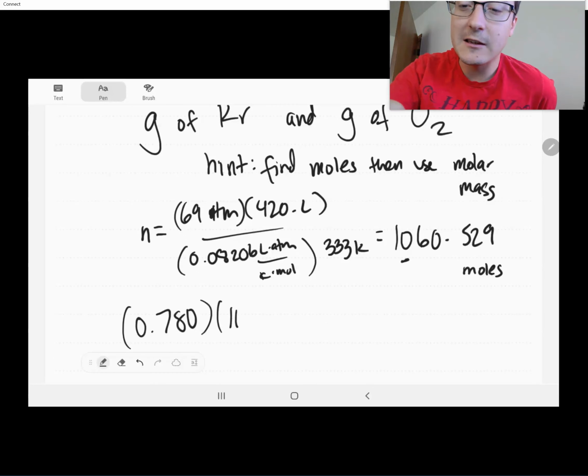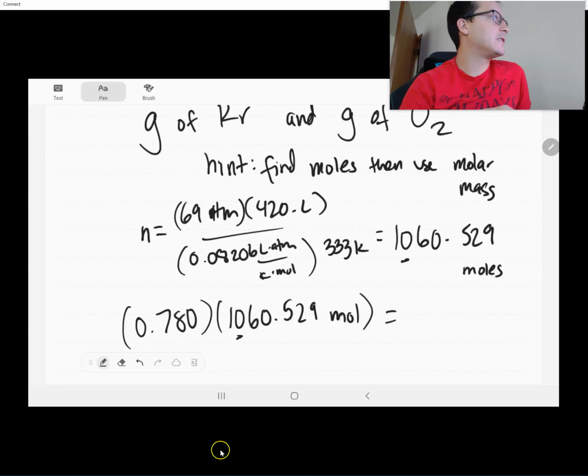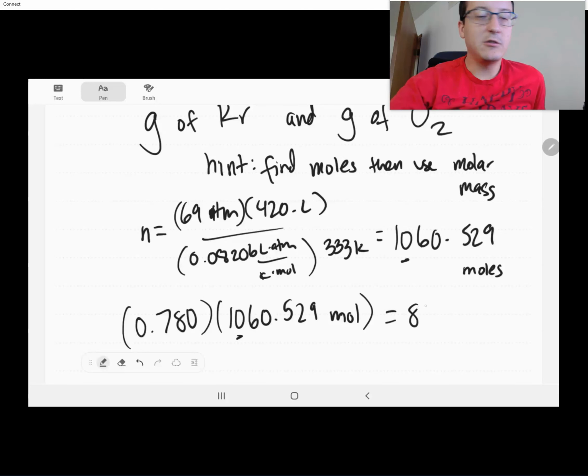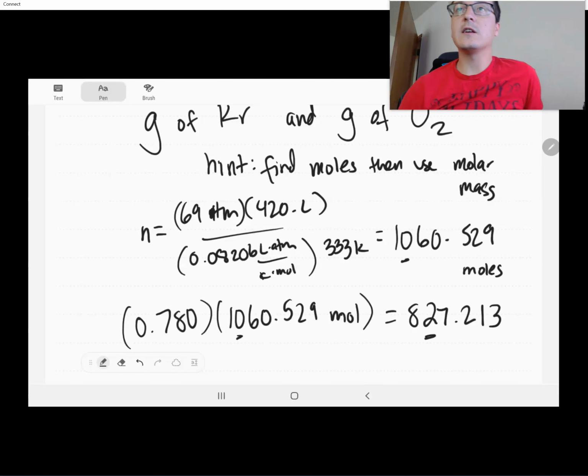Times this 1060.529 moles. That I can do as well. Should be 827.213. We only have 2 sig figs there, but we'll just keep them for now. This is moles of krypton.